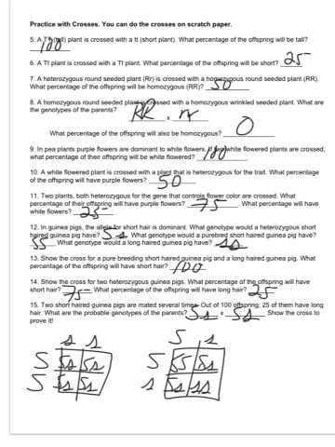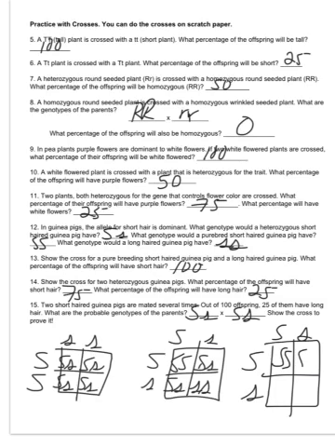Right? Show the cross to prove it. Well, it's going to look exactly like number 14. And again, there you go. Your 25% prediction of homozygous recessive, and 75% short hair.